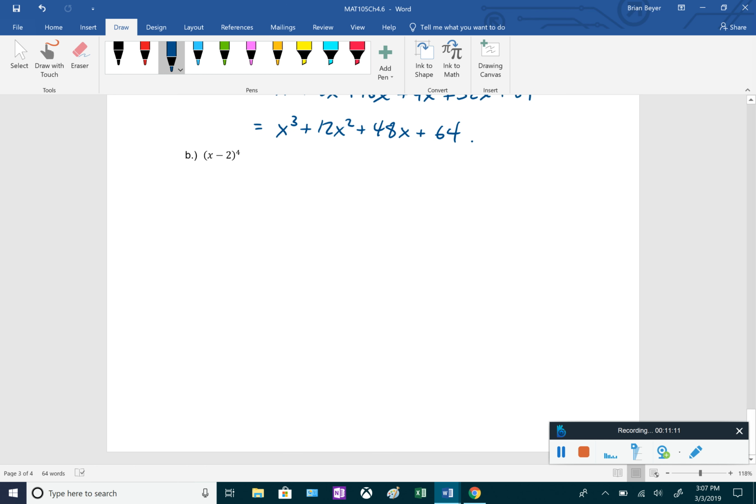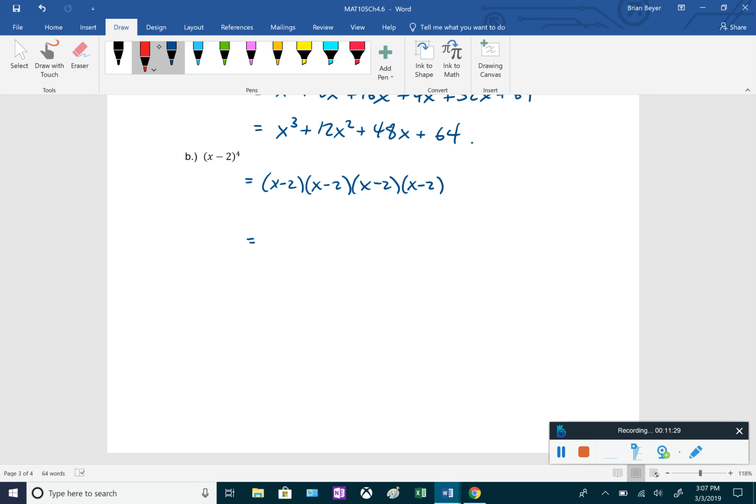For this last one here, x minus 2 to the 4th. So we have to keep in mind this is x minus 2 multiplied together 4 times. So x minus 2 times x minus 2 times x minus 2 times x minus 2. So what I'm going to do here is multiply these first ones together and then separately multiply those second ones together.